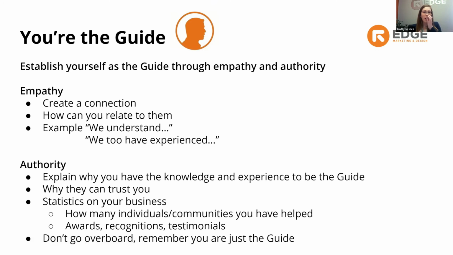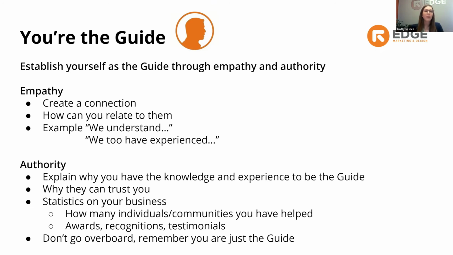Authority explains why you have the knowledge and experience to be the guide, and why the customer should trust you to buy your product or service. With authority, you can include statistics on your business, such as awards, recognitions, or even testimonials from previous customers, just to create that trust and solid foundation for your customer to go ahead and make the purchase.